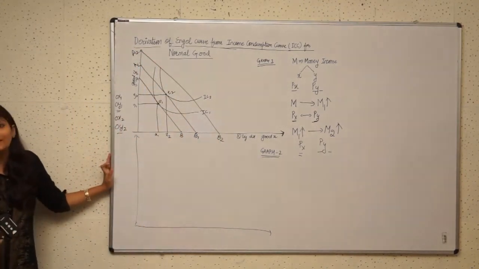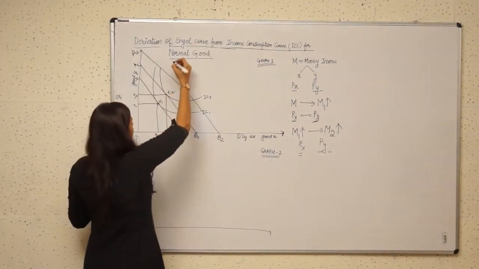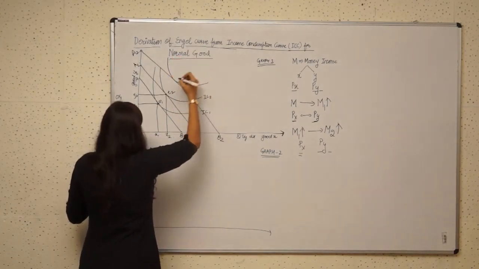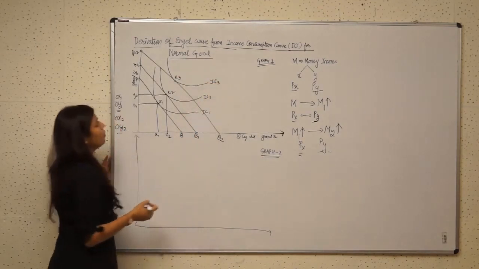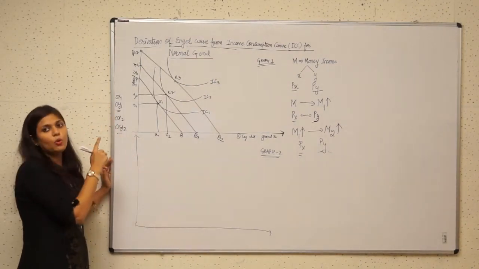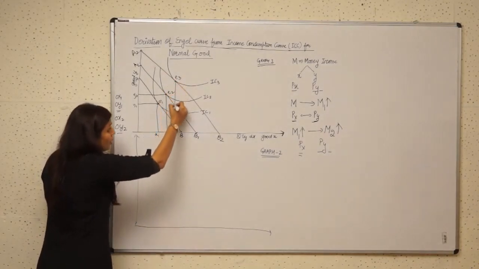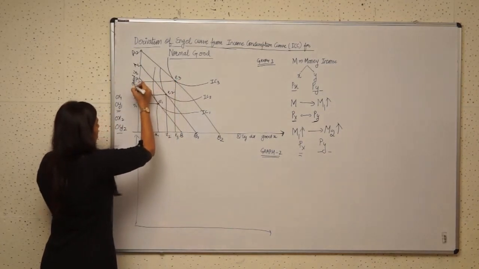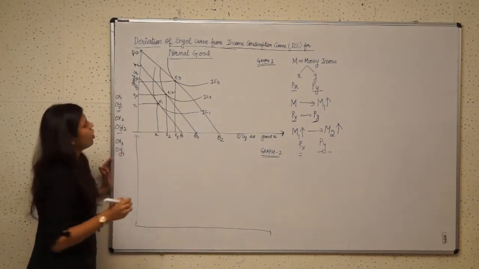So now the new budget line is A2B2. Again the consumer would be in equilibrium at a new point E3 where IC3 is tangential to the new budget line A2B2. At this point the consumer is consuming OX3 units of X and OY3 units of Y.